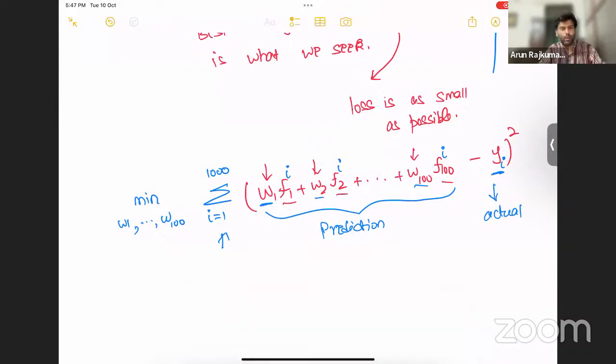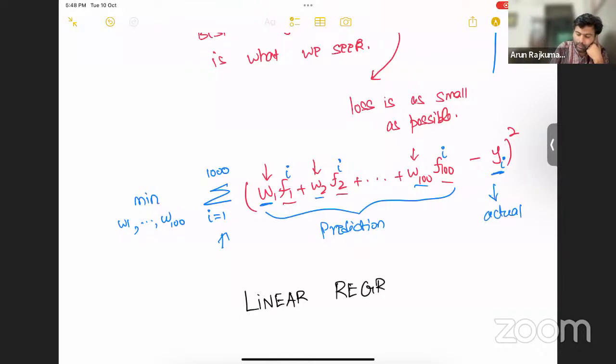We won't have time to talk about the techniques to solve this today, but there are some standard techniques, where you can write an algorithm that will automatically take this as input and then output W1 to W100. This problem is the problem of linear regression.